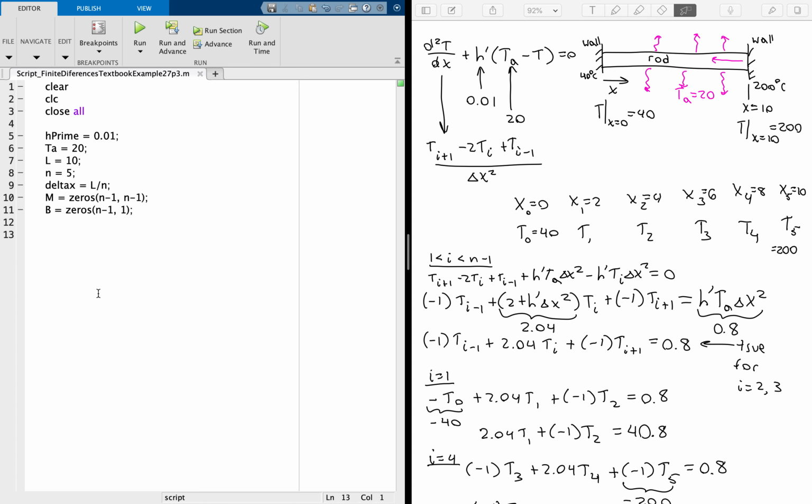to get better accuracy. So now I'm going to say for I equals 2 to n minus 1, as I did before.